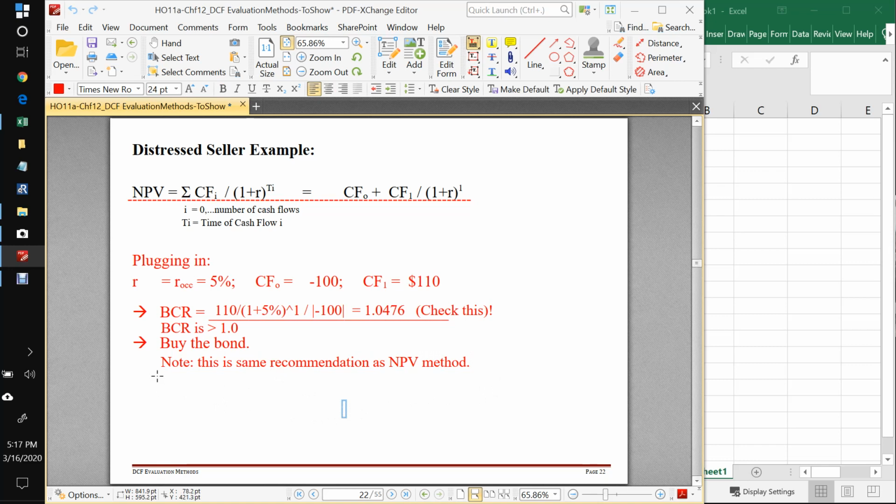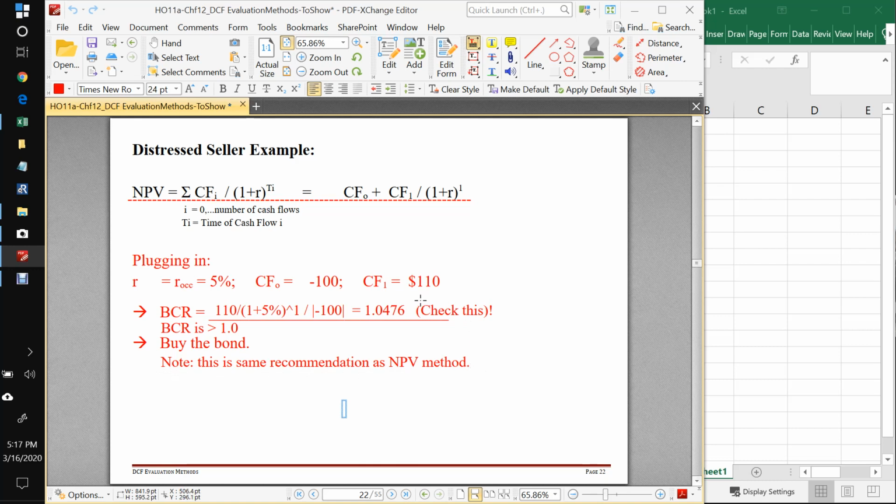And that's always going to be true unless you've made a mistake. If you get a positive NPV for a project, that means you should go for it. Well, that's what the model tells us. The model says you should go for it. And if you do a BCR calculation on the same project, you should get the same recommendation.